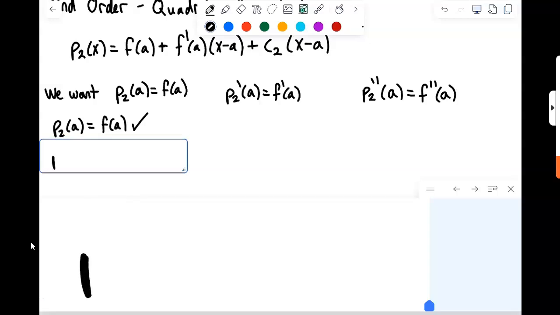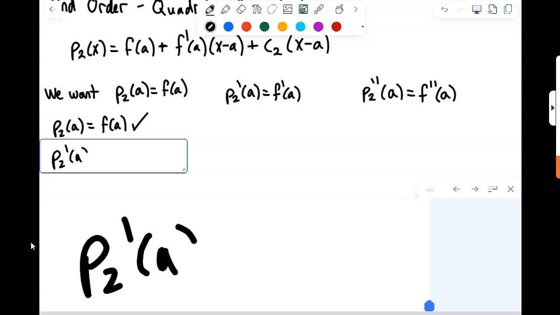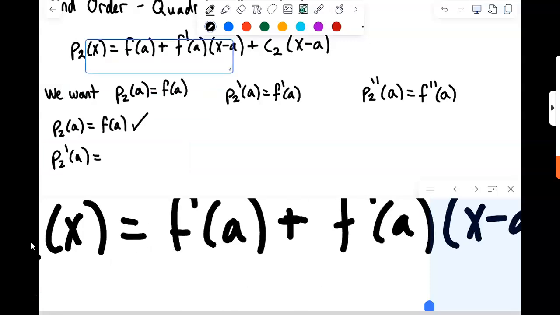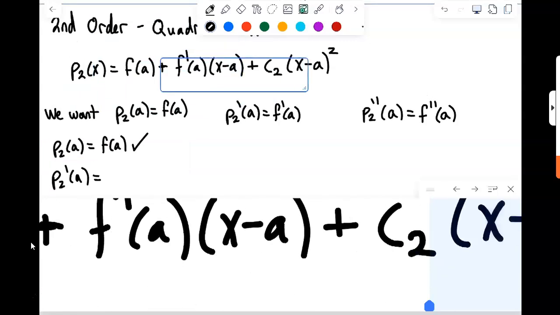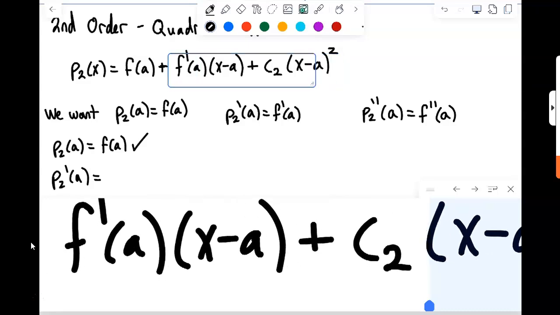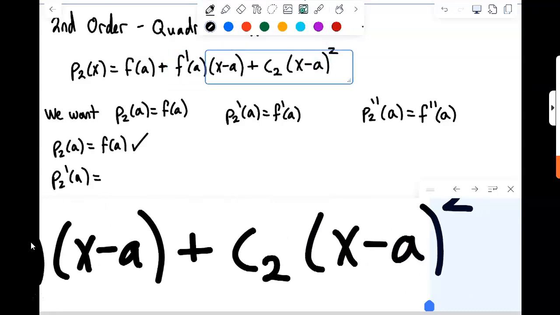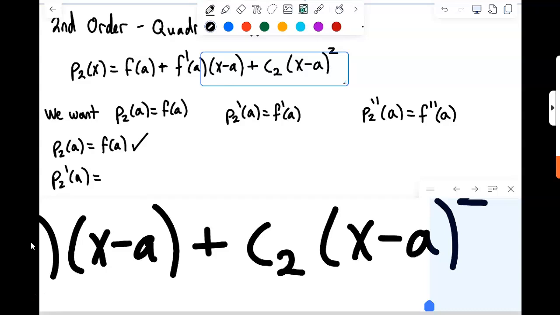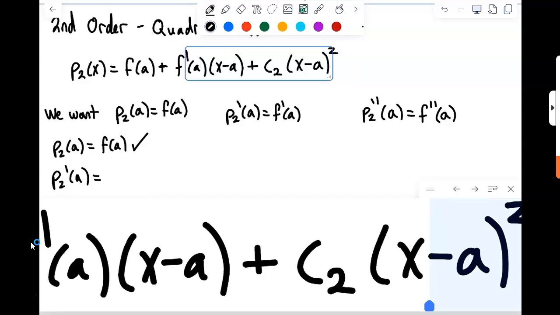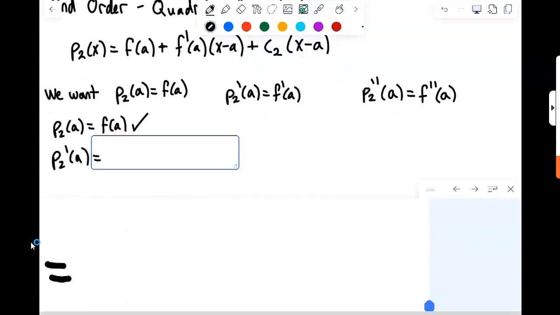What about P2 prime of a? Well, if we took the derivative of P2 and then evaluated at a, the f of a part would be gone. The derivative of f prime of a times x minus a: well, x minus a is a linear function, so its derivative would be 1. So we would start with f prime of a.